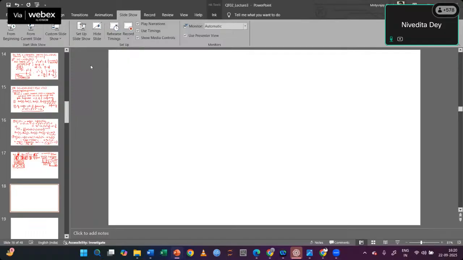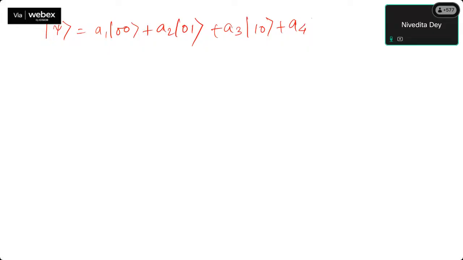Interference basically is something like this. Let me just put it here. Say we have psi equals a1|00> plus a2|01> plus a3|10> plus a4|11>. Only till this part is superposition. This is already in superposition. Who is in superposition?